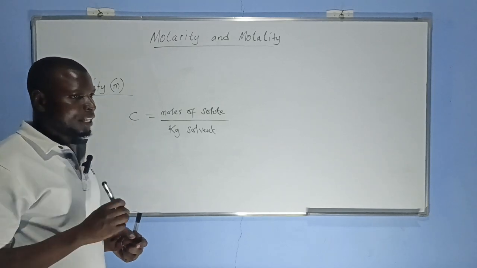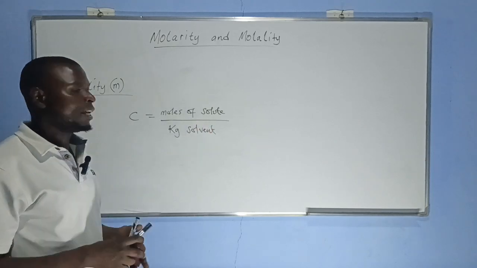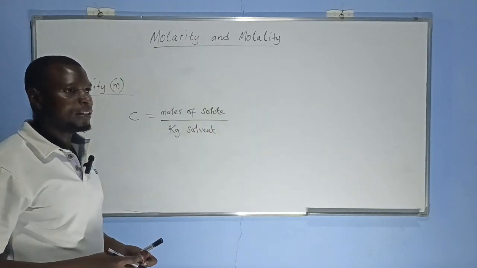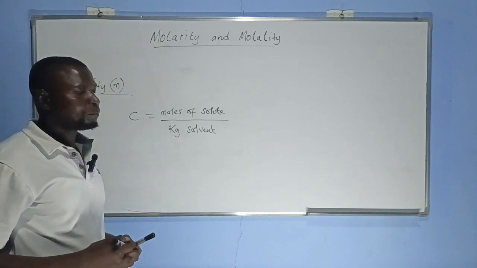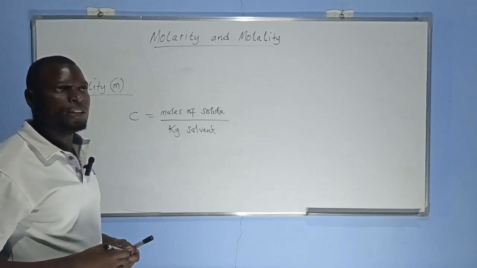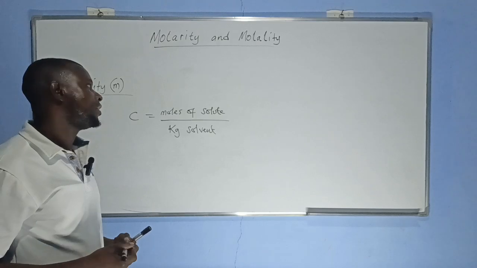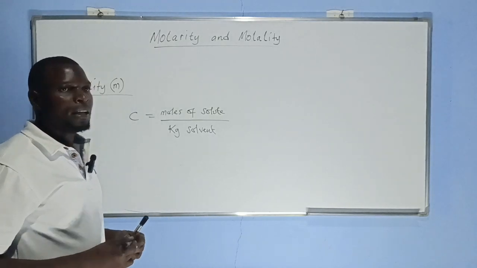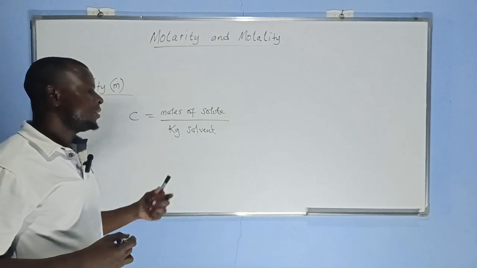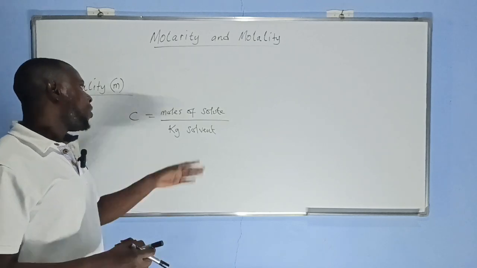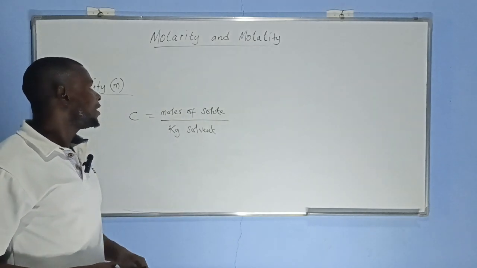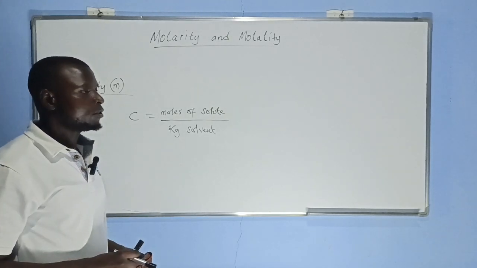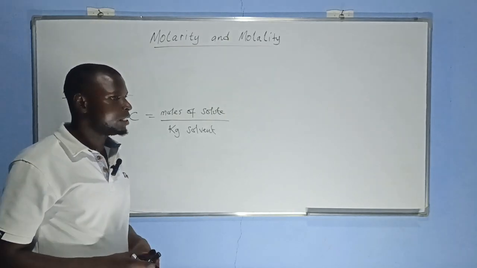So sugar in this case is the solute and water is the solvent. An example of solvent is water. An example of a solute is sugar. So molality is moles of solute per kgs of solvent, and molarity is moles of solute per liter of solution.